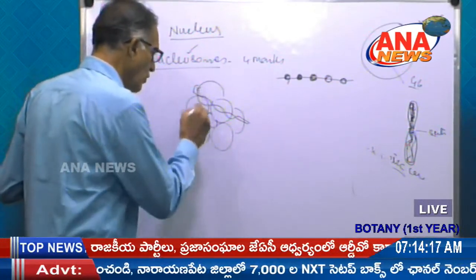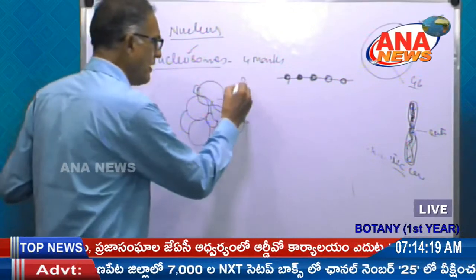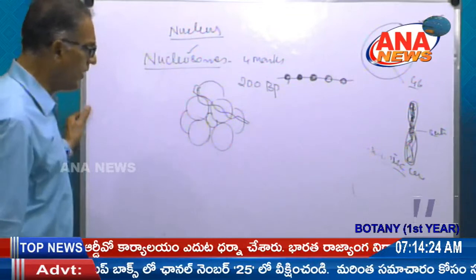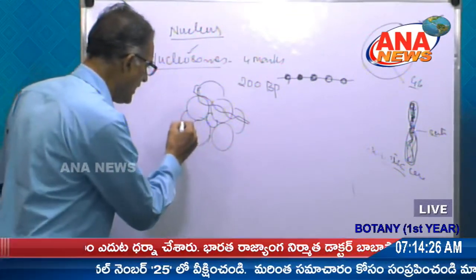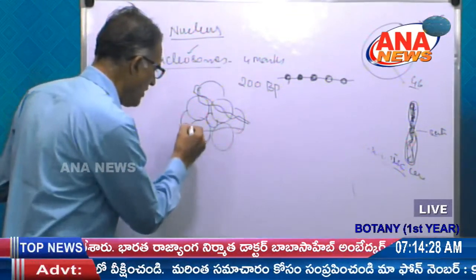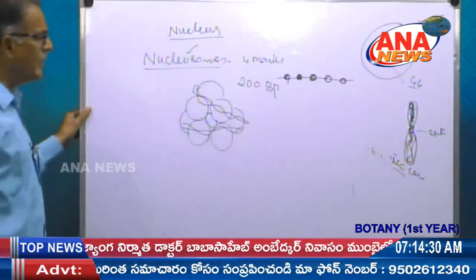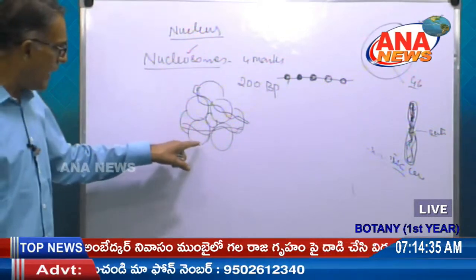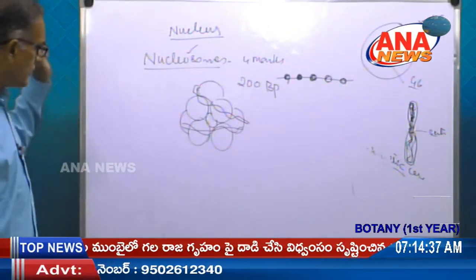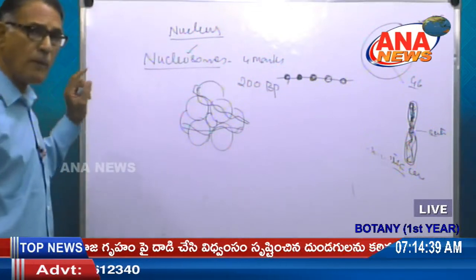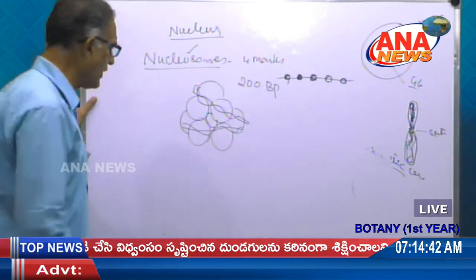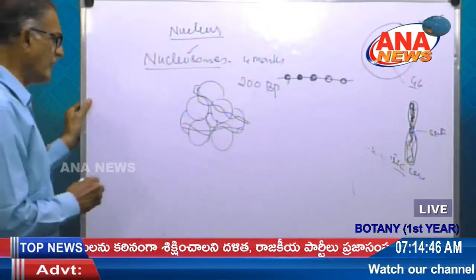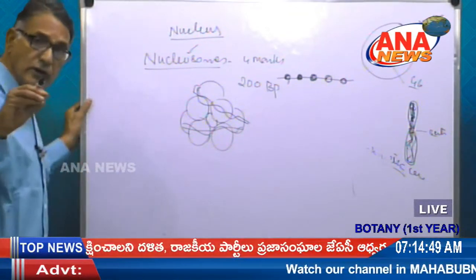So the 200 base pair double helix DNA wraps around the histone octamer, made of 2 copies each of 4 histone proteins.